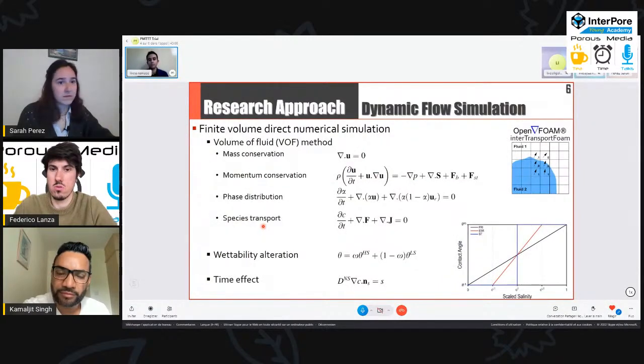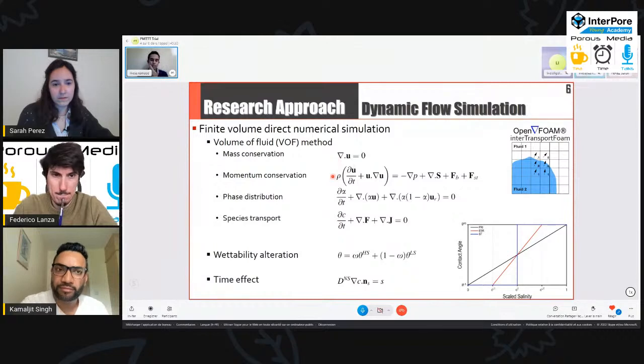The approach that we used in our model is a finite volume direct numerical simulation method, and we have used the volume of fluid method, the VOF method, which is implemented inside the open source software. And the solver we have used is interTransportFoam, which is openly accessible.